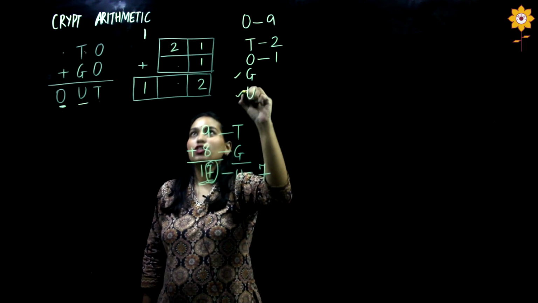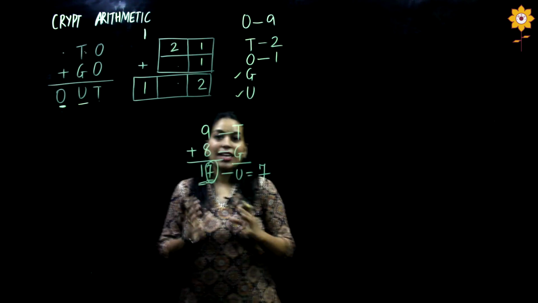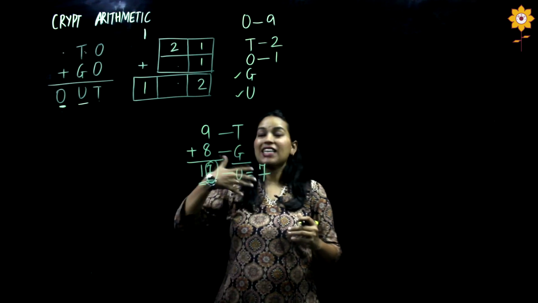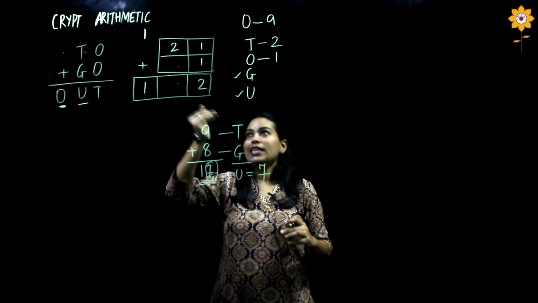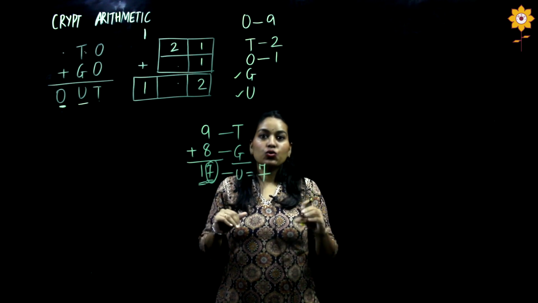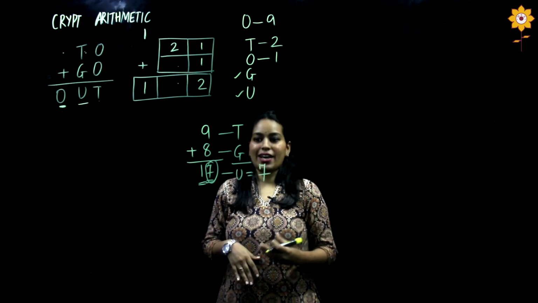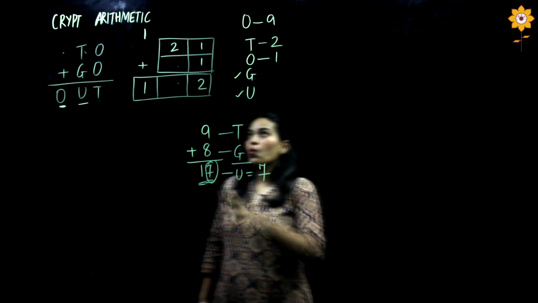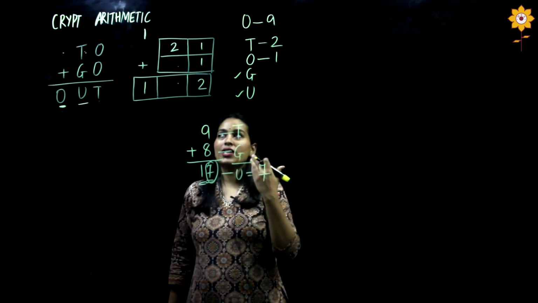These are G and U. Now definitely G has to be a number large enough so that when it gets added with T, whose value is 2, it should generate a carry. Why? I have already explained that. So what is the number that you can assign to G?